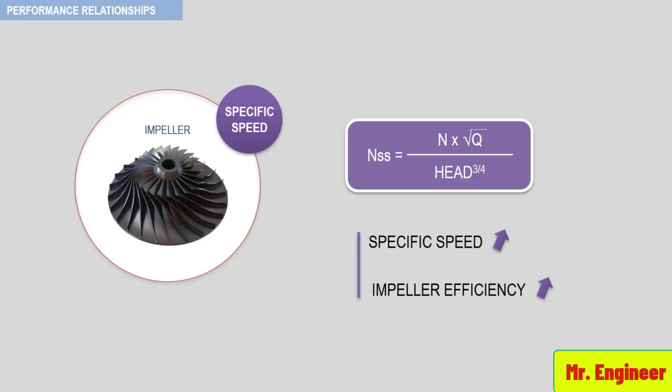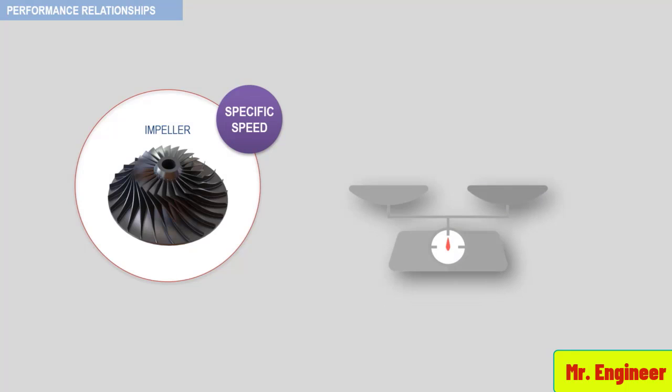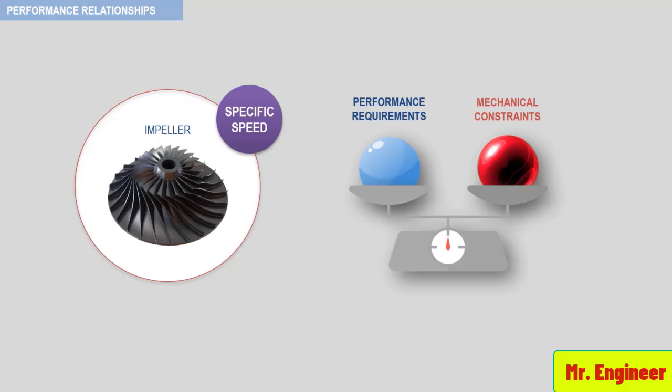This fact is very significant because while compressors have increased in efficiency over the years, the mechanical requirements have also increased in a significant way, resulting in potential reliability problems. Therefore, what I want you to understand here and to keep in mind is that the design of the impeller is a very fine balance between the performance requirements and the mechanical constraints of the components used in the compressor design.